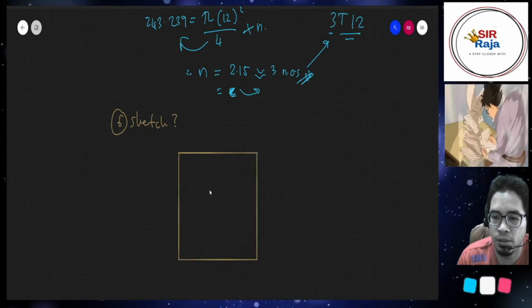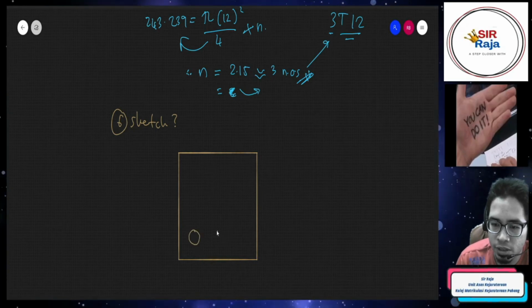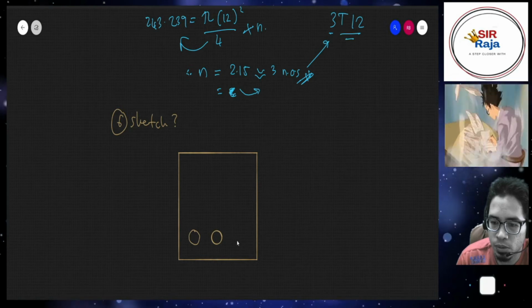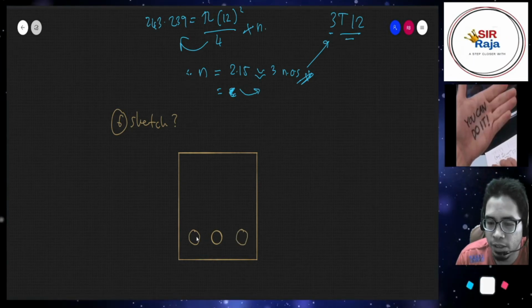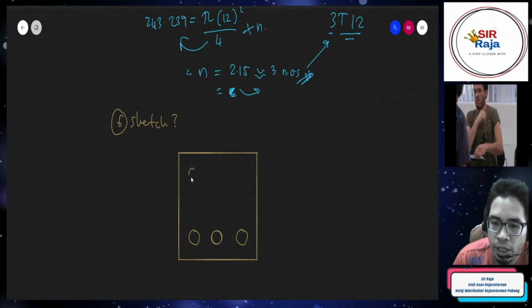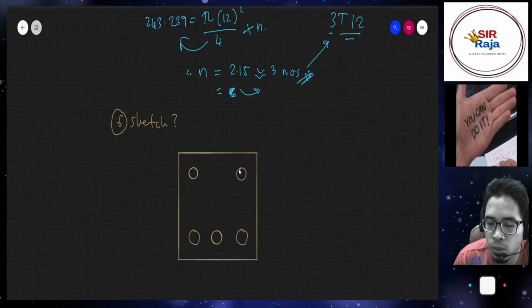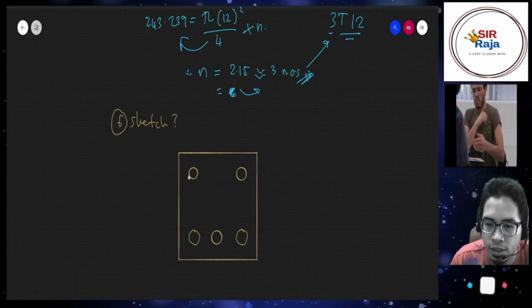So 1, 2, and 3. Do not forget that we have 3 bars, 3 diameter. And then I'm just gonna put in the hanger bars. Only 2 are needed.